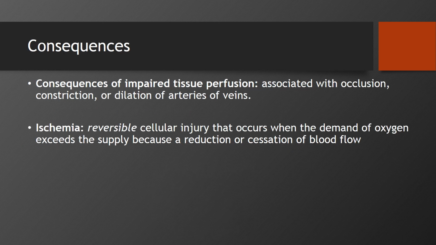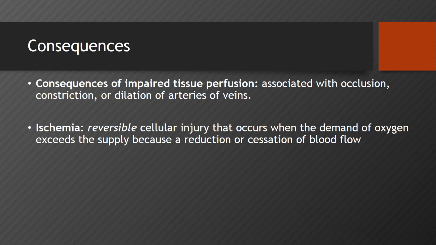Of impaired tissue perfusion. So you can have problems with occlusion of veins and arteries, such as an MI that you've talked about with Ginny. When there's a myocardial infarction, there's occlusion, there's tissue death. Also, constriction can cause issues with perfusion as well.